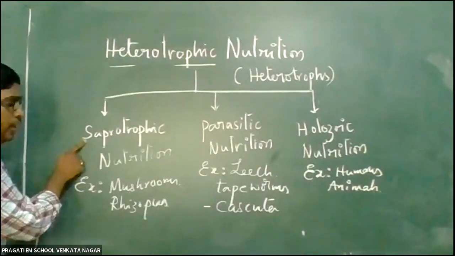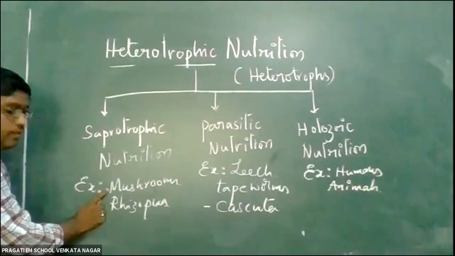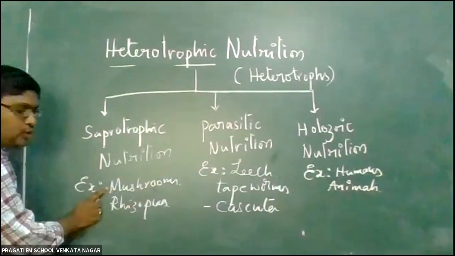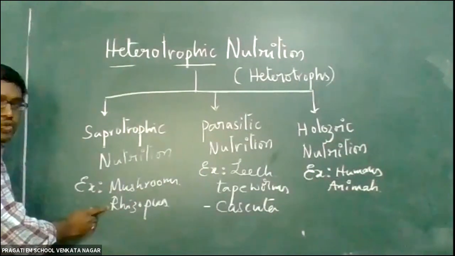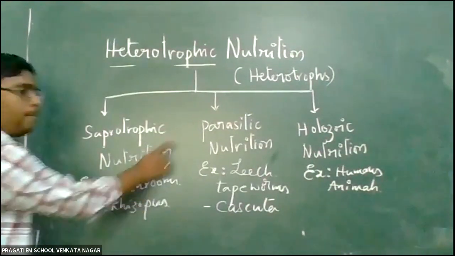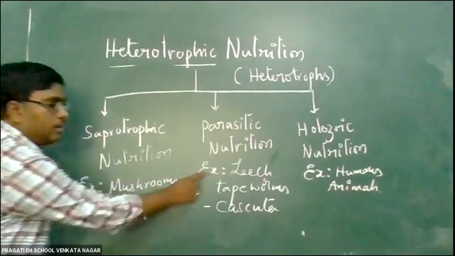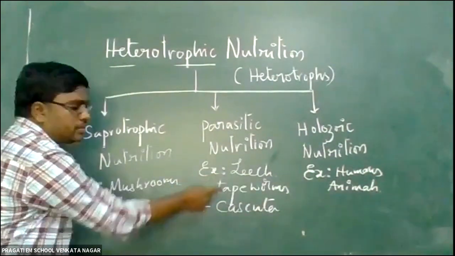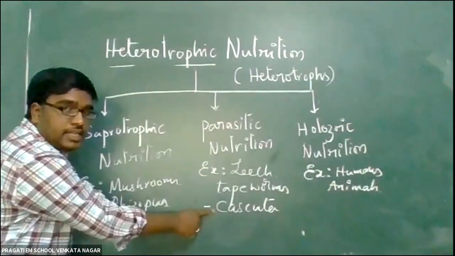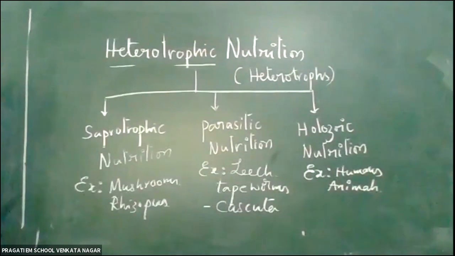For saprophytic nutrition, examples are fungi species, mushrooms, Rhizopus or bread mould. Parasitic nutrition examples are leeches, tapeworms, and the parasitic plant Cuscuta.